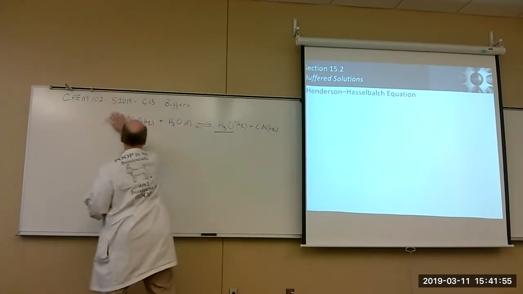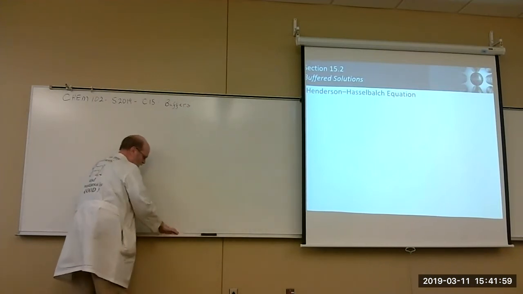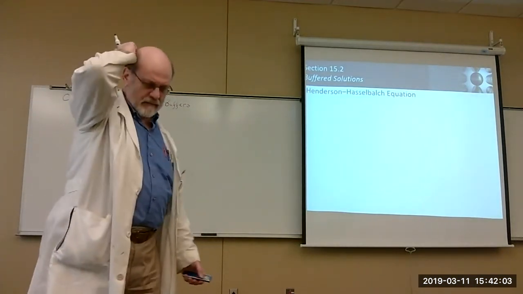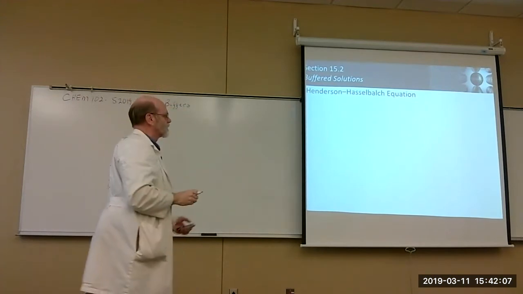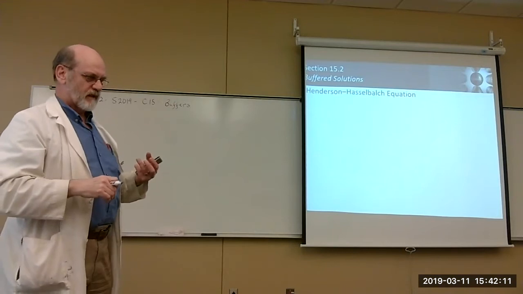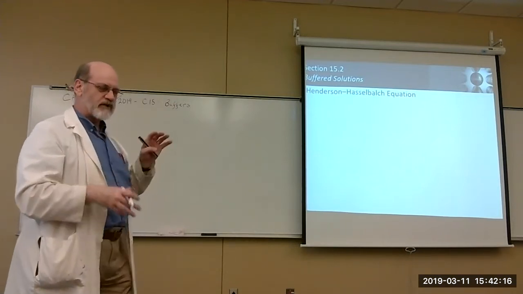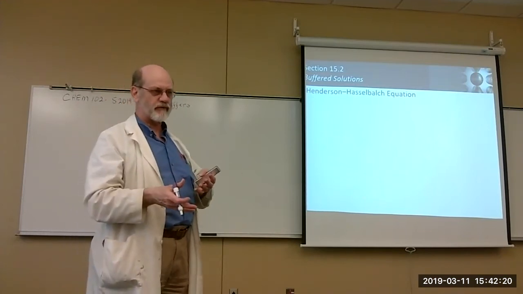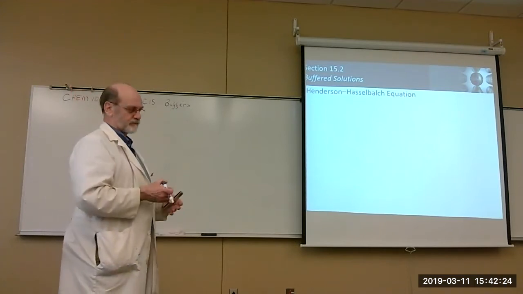Now, this might be a little out of order, but I'm going to take these slides as they come. There were a pair of researchers whose last names were Henderson and Hasselbalch. They considered the calculations involved in determining a given pH for a buffer too unwieldy.